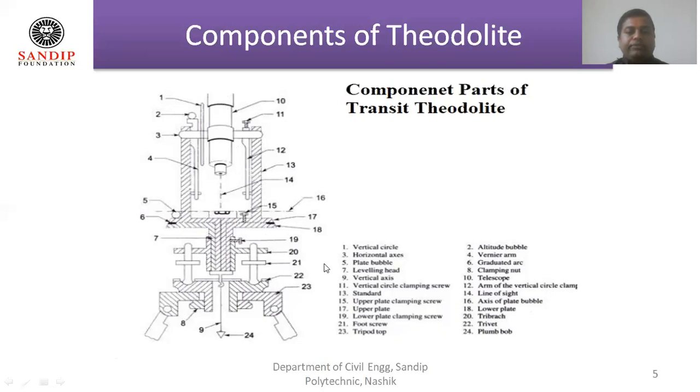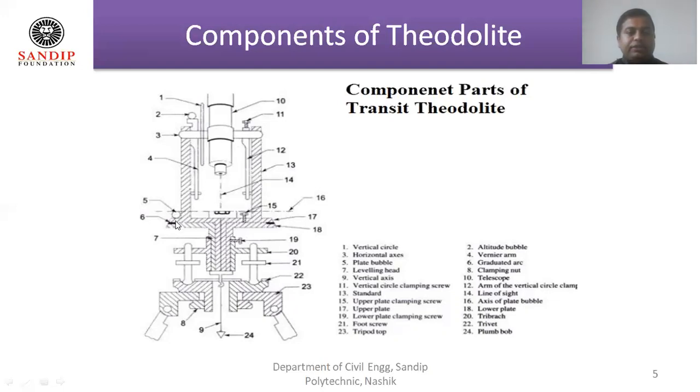Next is upper plate clamping screw. These screws are provided over here. You can see this number 50, this is an upper clamping screw. Next, axis of plate level. So this is the level, and this is called as the axis of plate level.